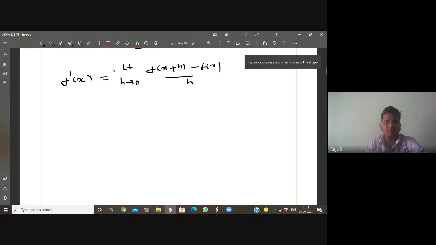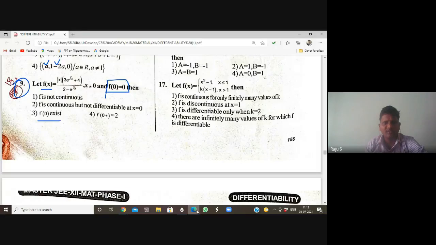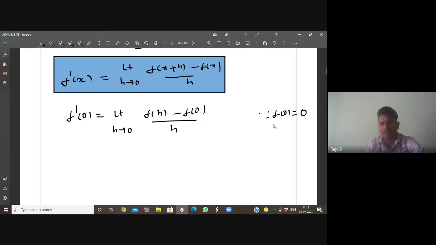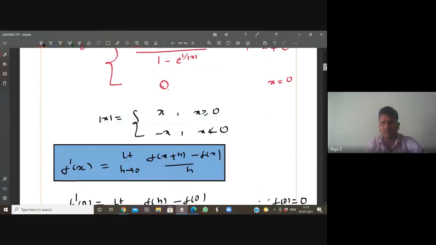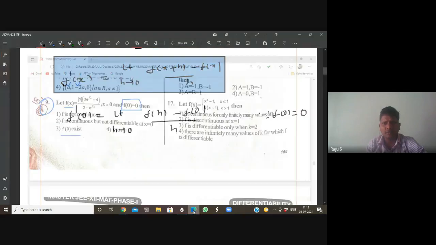In that formula, they are asking the derivative at x is equal to 0. Now substitute x is equal to 0. F dash of 0 is equal to limit h tends to 0, f of 0 plus h minus f of 0, by h. Clearly, we know the f of 0 value; in the question itself they gave 0.